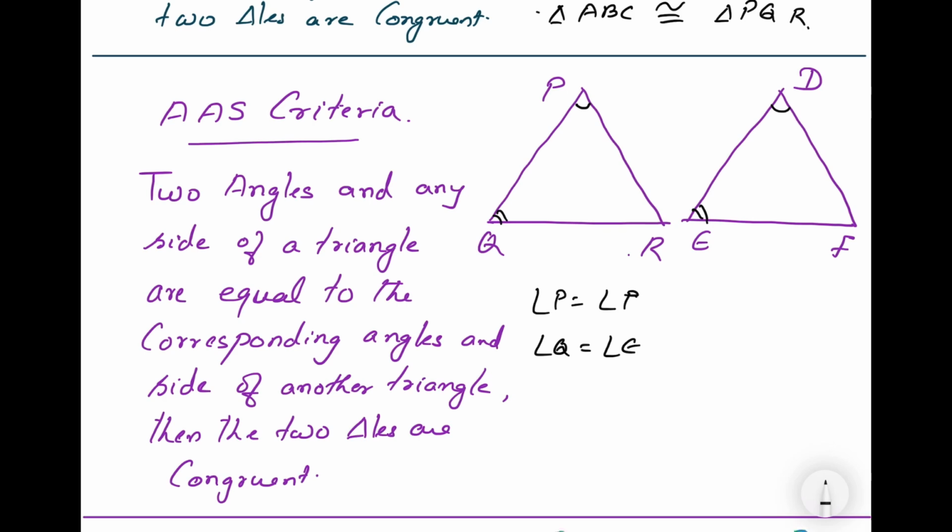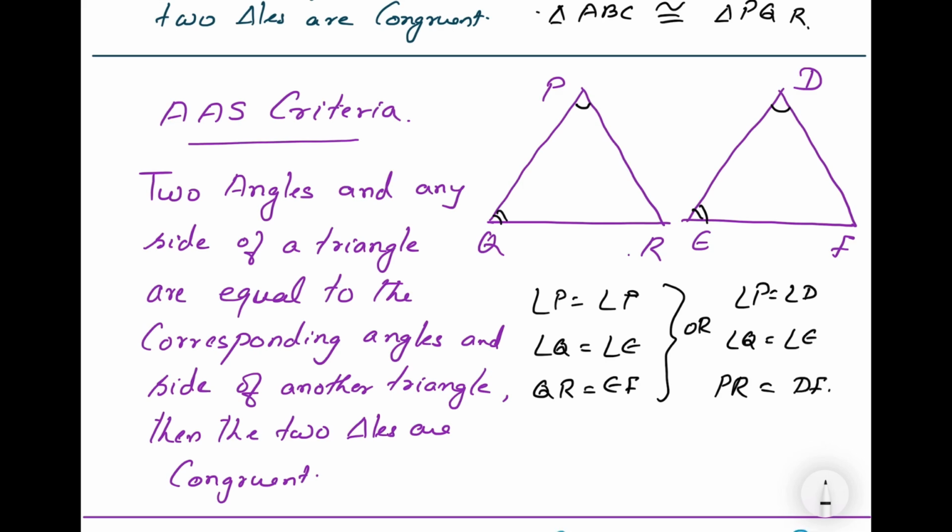Now it is AAS, so it can be QR equal to EF, or we can also have angle P equal to angle D, angle Q equal to angle E, or PR equal to DF. After the two angles, you should have the side. So in both cases, you can say the triangles are congruent. So writing the congruence, triangle PQR will be congruent to triangle DEF using AAS criteria.